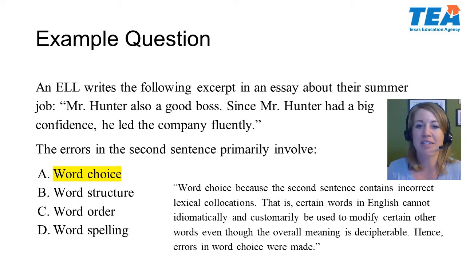The first part of this sentence, since Mr. Hunter had a big confidence, I understand what that means, but I want to correct it like, since Mr. Hunter had a lot of confidence, right? I want to replace it with other words that make the lexical collocation sound more familiar to me. Otherwise, it did make sense.